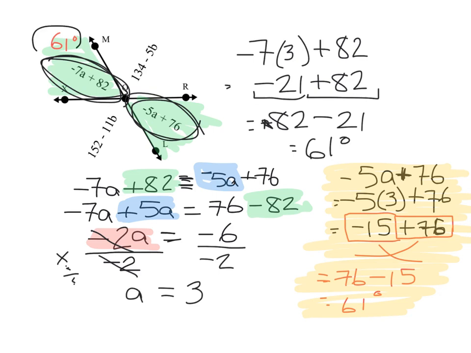But remember, if you know that 61 degrees is the measure of one of these angles, and you know that they are opposite to each other, then it further carries that this one is also 61 degrees. So you don't have to solve for both of them, but I was just showing you the substitution.